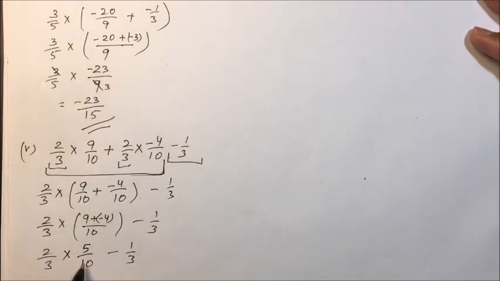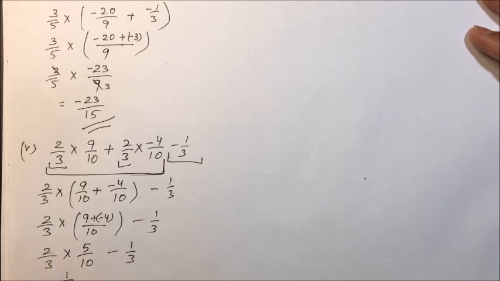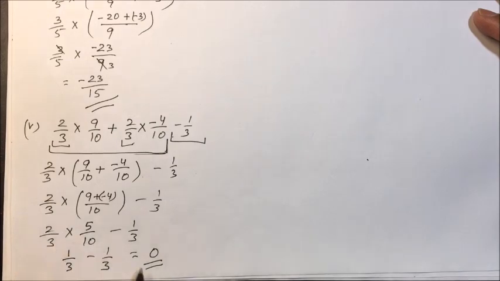So 2 gets cancelled. We will get 1 by 3 minus 1 by 3. We are getting 0 as the answer. 2 gets cancelled, 5 gets cancelled, 1. So 1 upon 3 minus 1 upon 3 equal to 0.